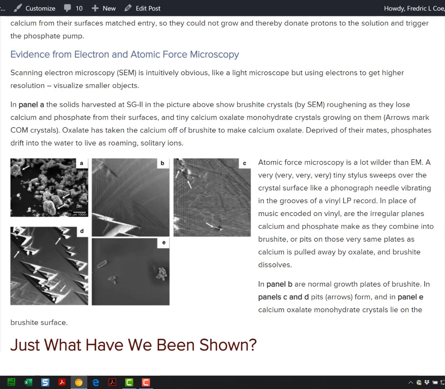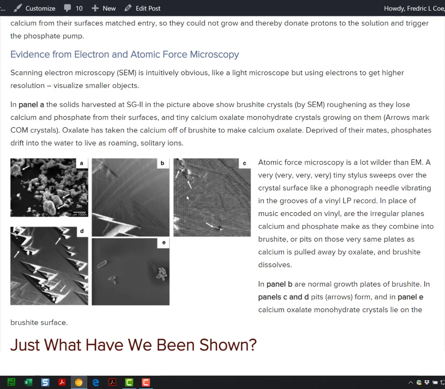What's this? Well, this is a tricky, complicated thing. This is an atomic force microscopy. A very tiny stylus sweeps over the surface of this crystal like an old phonograph needle. And it's so tiny, it can pick up the stacking of the calcium and the phosphate atoms as they make up the surface growth of the crystal. That's these zigzags. It grows that way. And that's what it's supposed to look like.